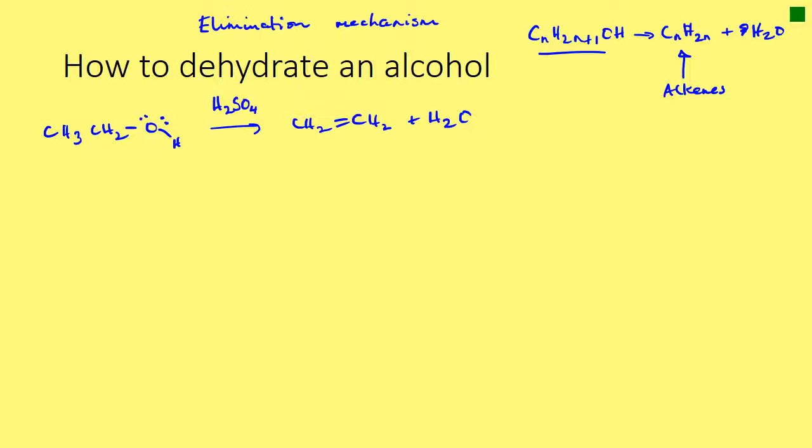So let's have a look at the mechanism. If we remember, this is delta minus, this is delta positive. When we find a little hydrogen ion that's floating around from the catalyst, one of these lone pairs is going to attack it and make a bond with it.